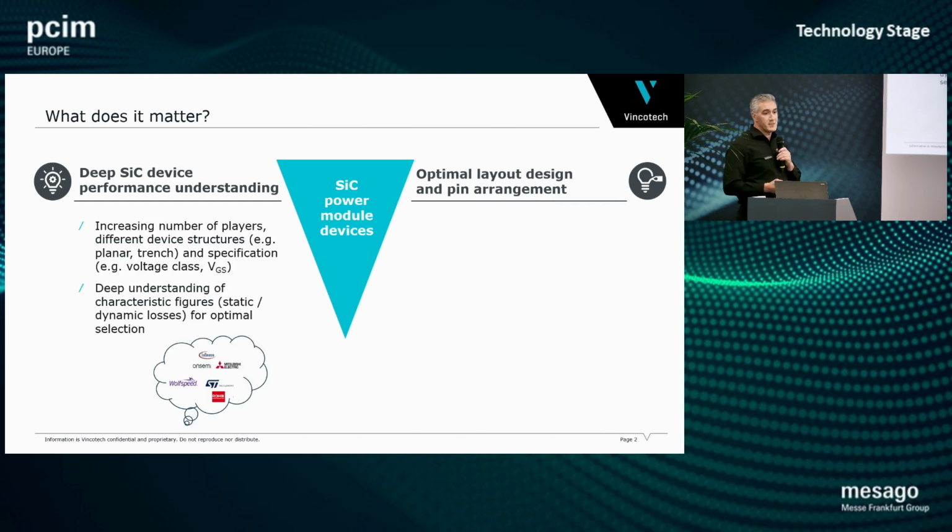Nowadays we see an increasing number of silicon carbide suppliers offering a broad portfolio of silicon carbide devices with different structures and specifications. So the deep understanding of the characteristic figures is crucial for the optimal selection for the right application.